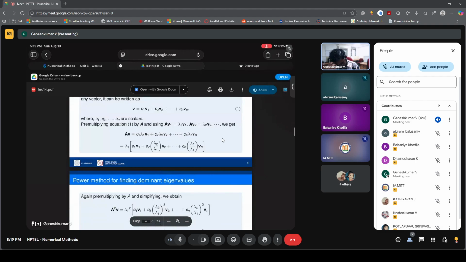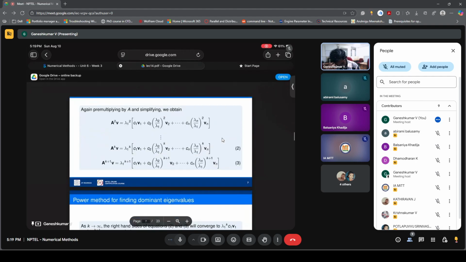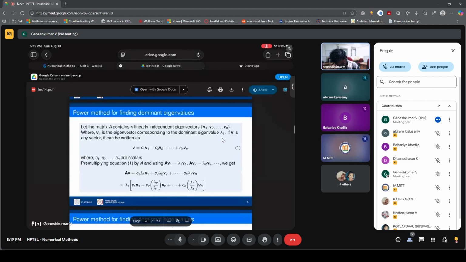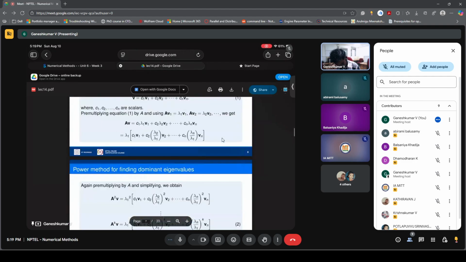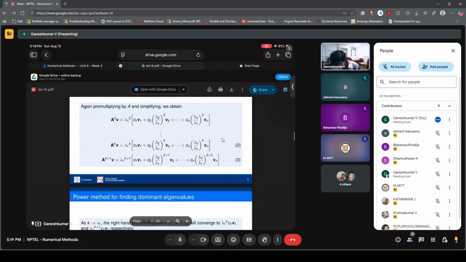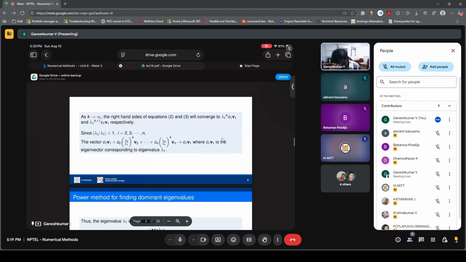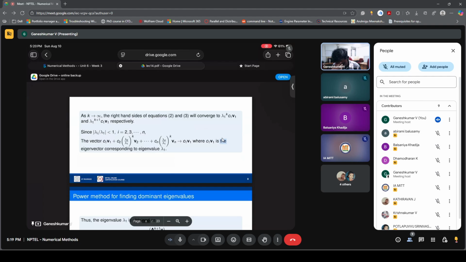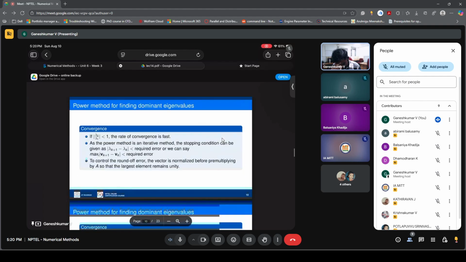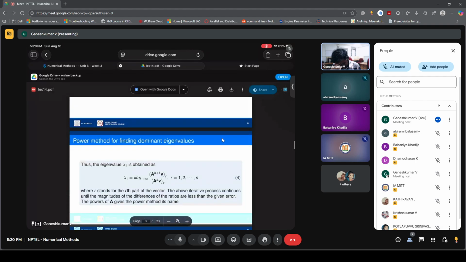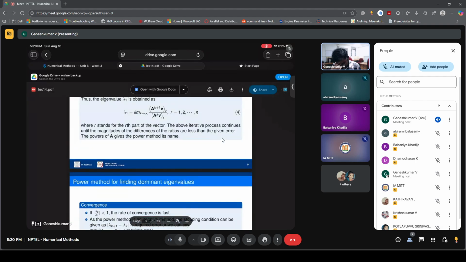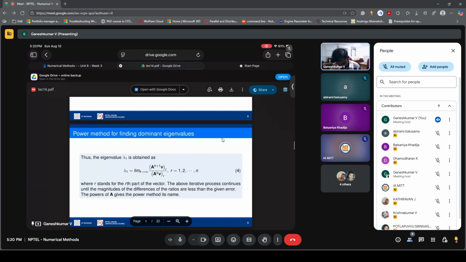So what we do here is, C1, lambda 1 is C1, lambda 2, okay, and then we take C1, B1, C2, okay, all these are fine. And our iteration continues until the magnitude of the differences of the ratio is less than a given error. Power of A gives the power method its name.